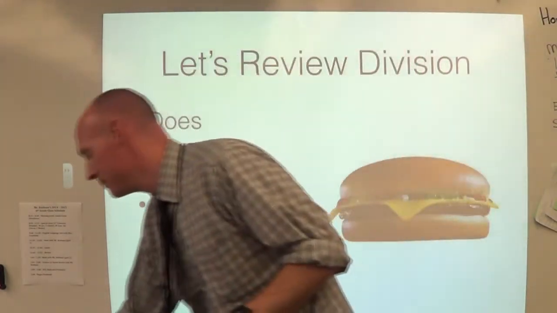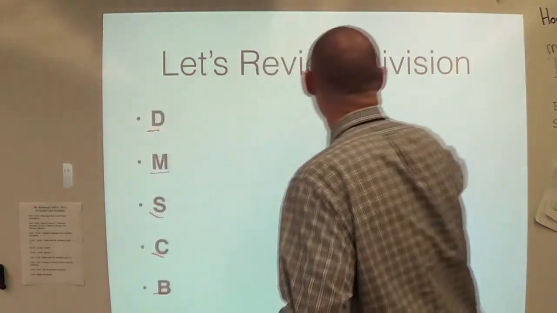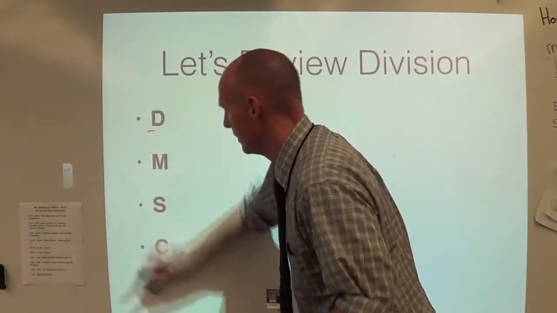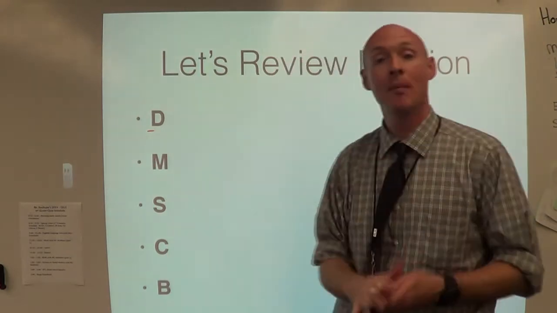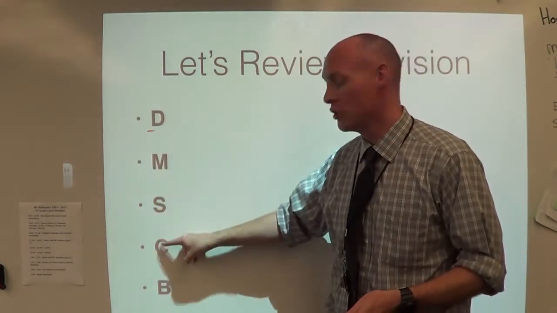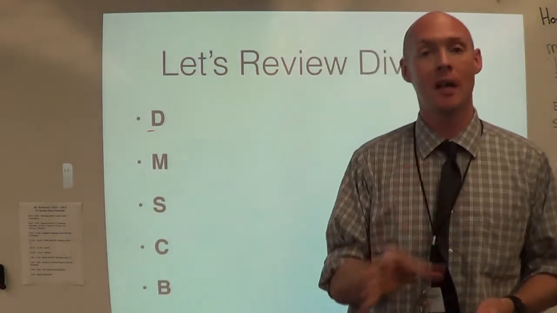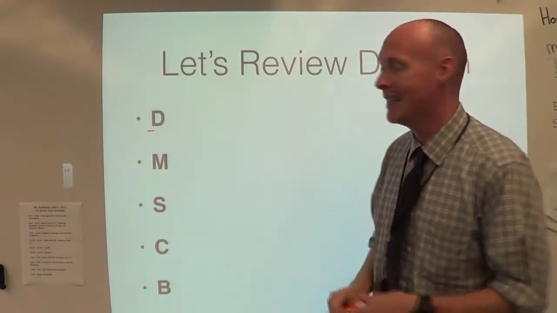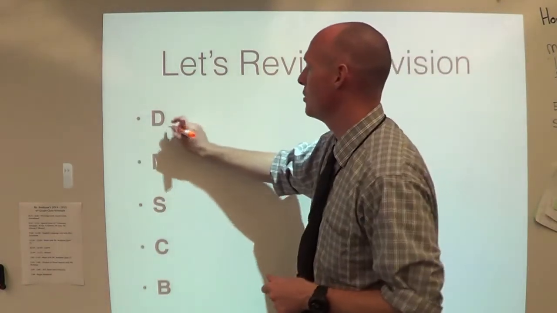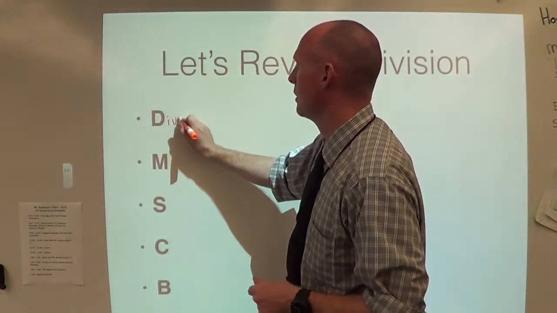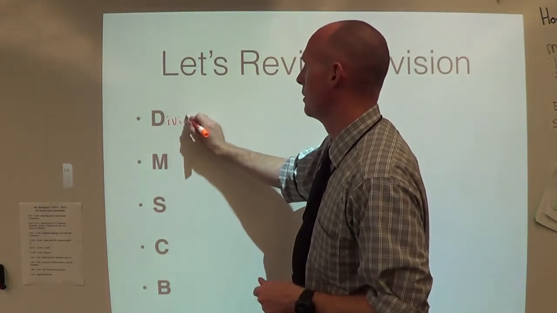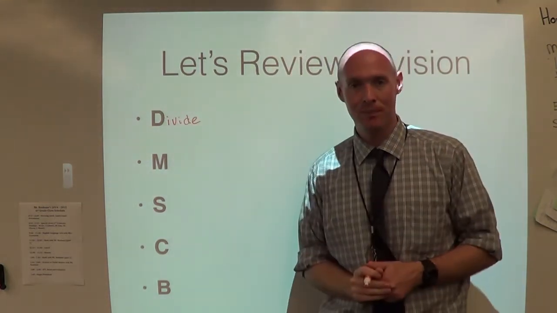Let me show you what I mean. Now, if we can remember does McDonald's sell cheeseburgers, we can remember the steps to division. Let me show you. D, step one is to divide. Makes sense, right?